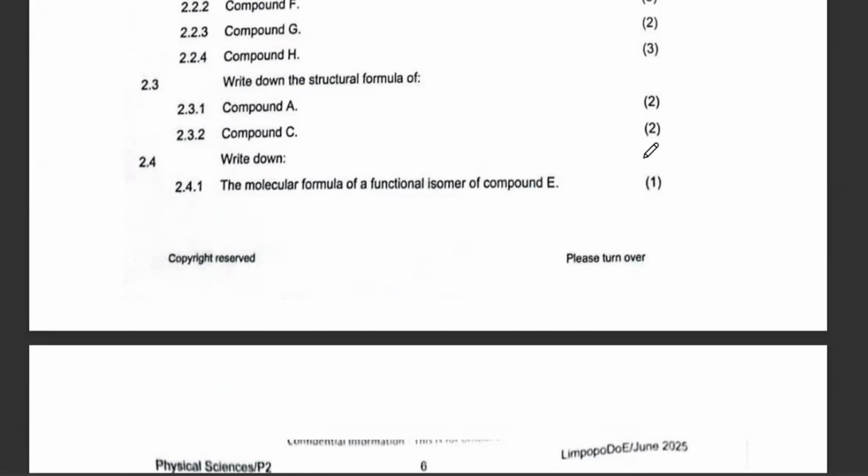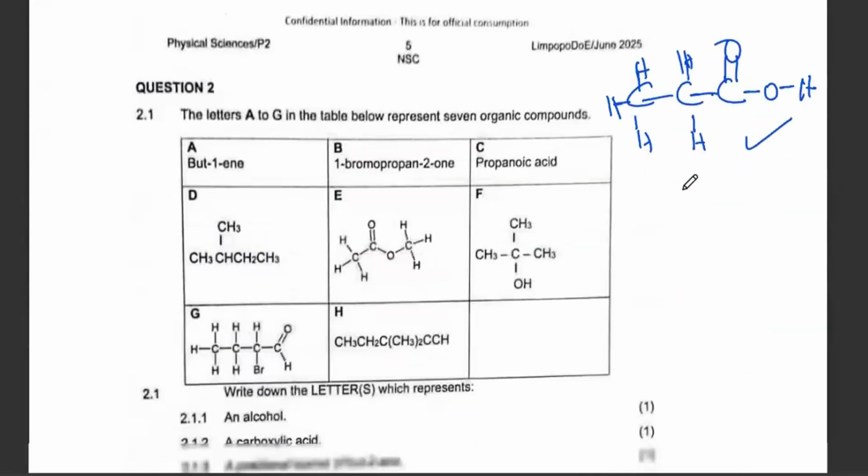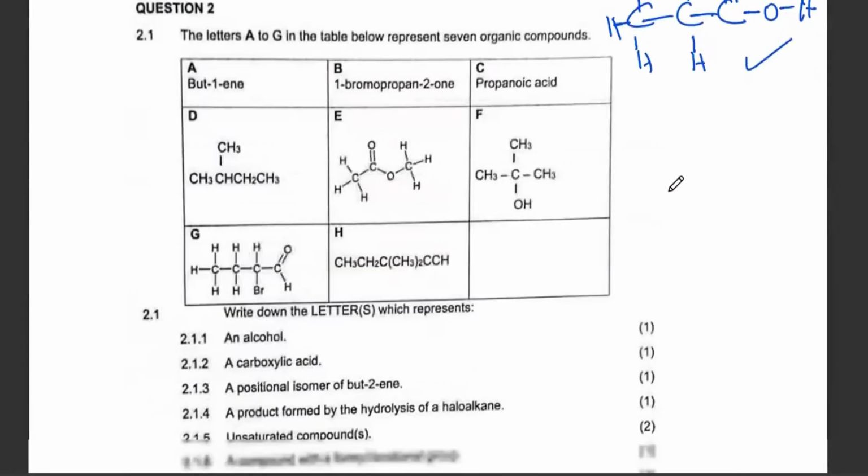So I have to look for the molecular formula of functional isomer E. Where is functional isomer E? If it is a molecular formula, it's the same thing. If this is an ester, then the other one is going to be a carboxylic acid.